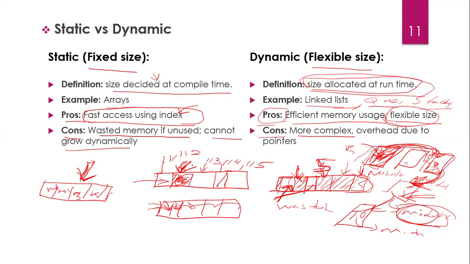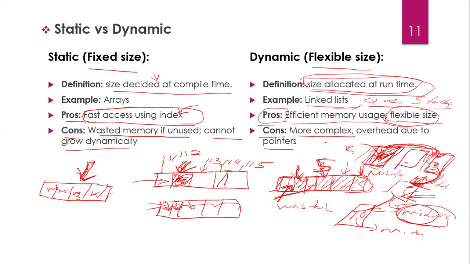So it's not a complex thing. But here, it is more complex than the other. The other con is overhead due to pointers. We can see this in the upcoming lectures, so no worry.